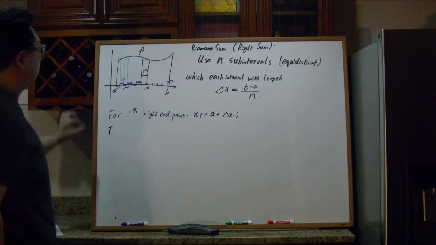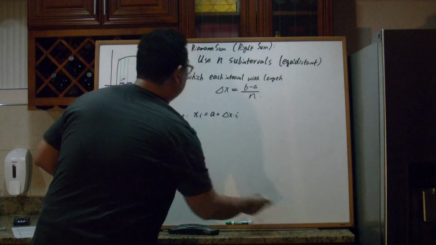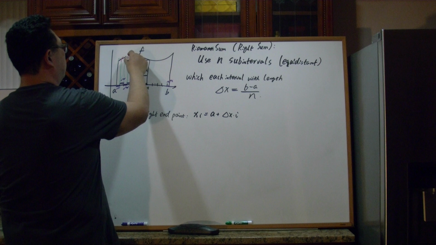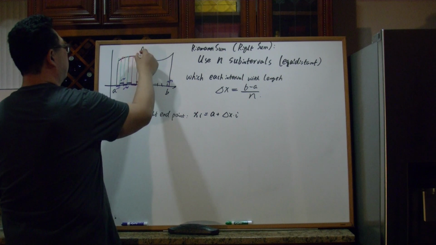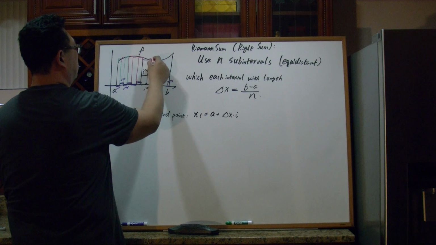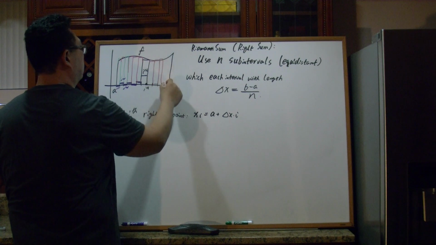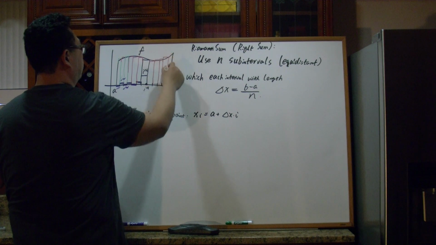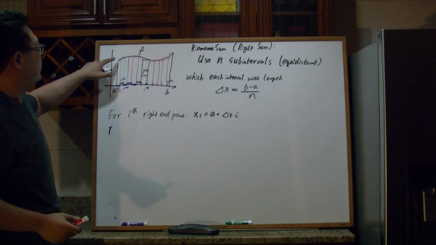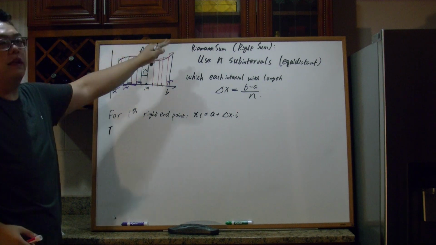The idea is that while we use the right endpoints, we are able to build the right rectangles. From these right endpoints, we can approximate the area under the curve by the areas of the rectangles.